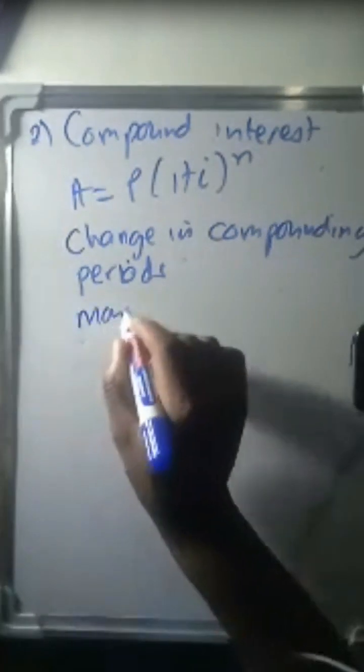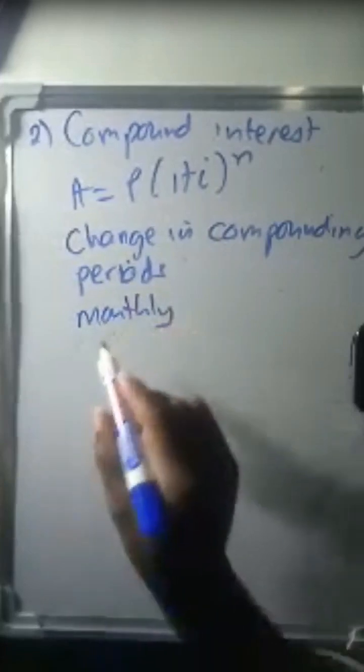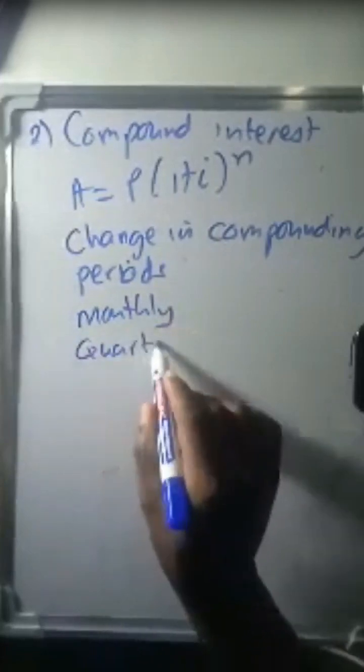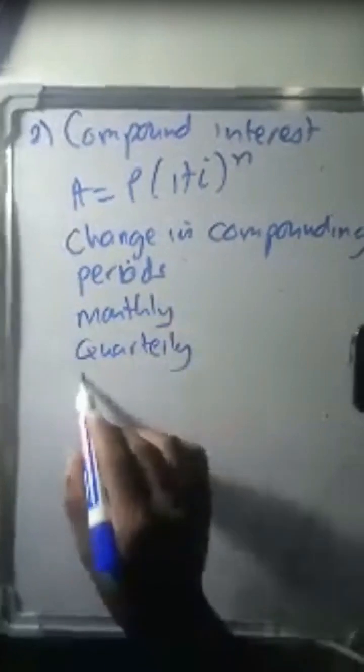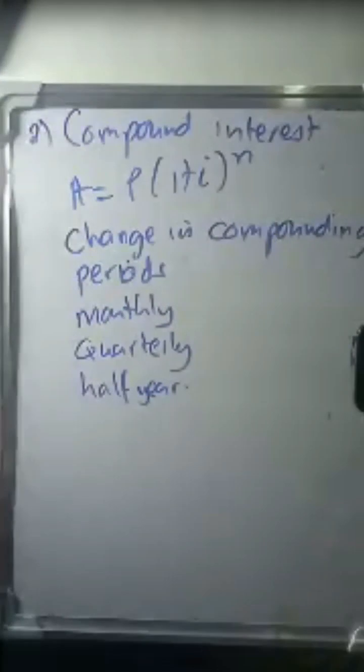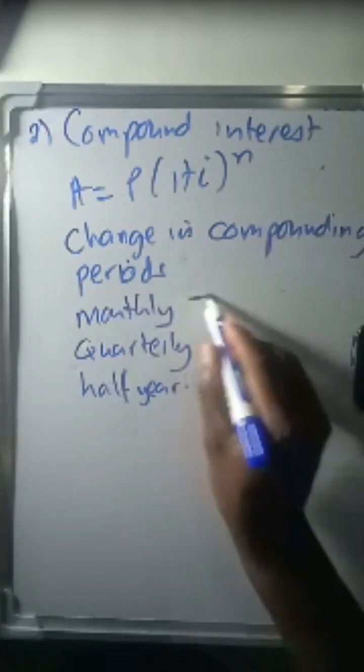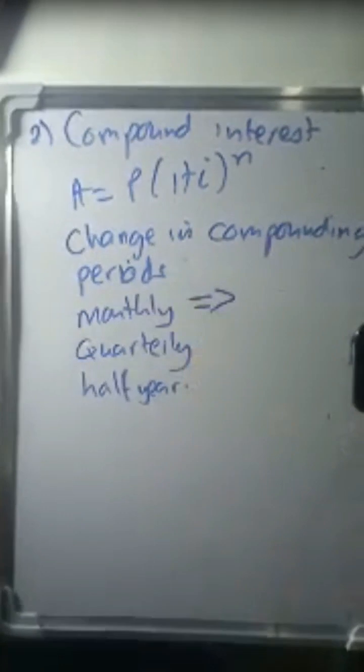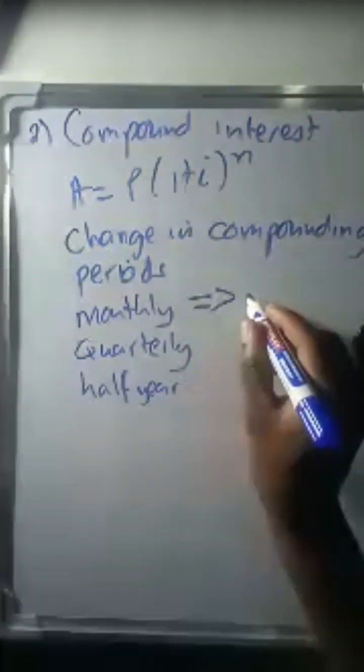For example, we are given an interest rate per year, but the interest rate is compounded monthly, or compounded quarterly, or compounded half yearly or semi-annually. Okay, so it means in a year we are no longer compounding once. When we say monthly, what does it mean? It means now in a year we are compounding what?